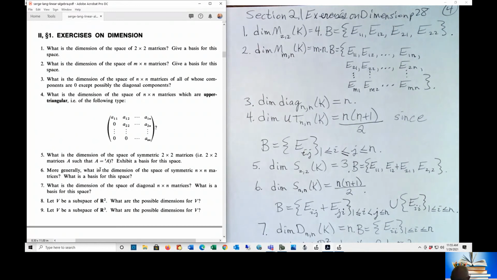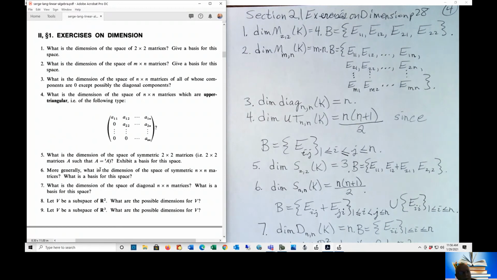So m times n, and a basis for the m by n matrices consists of, you start row by row, E11, E12, dot dot dot, to E1n, E21, E22, dot dot dot, E2n, dot dot dot, all the way down the last row, E sub m1, E sub m2, dot dot dot, to E sub mn. And so there are m times n of those elementary matrices.